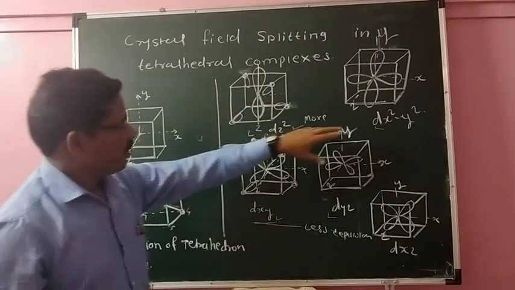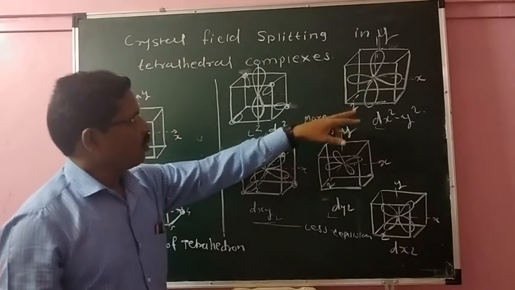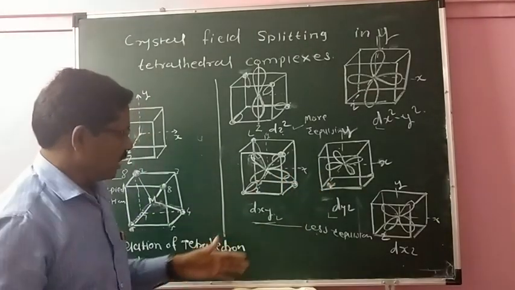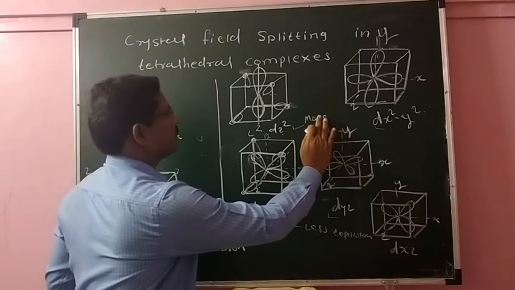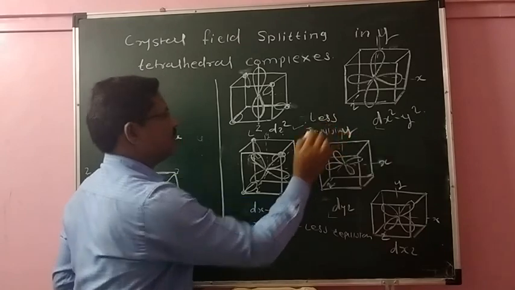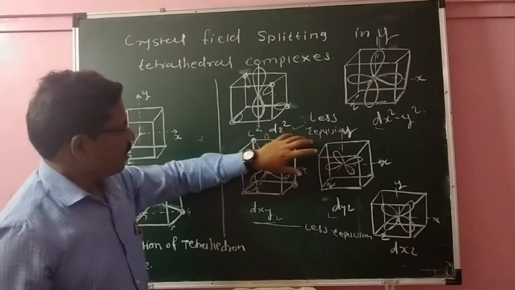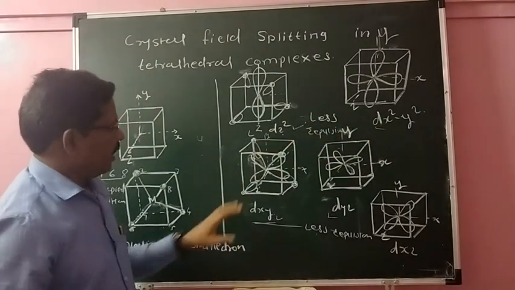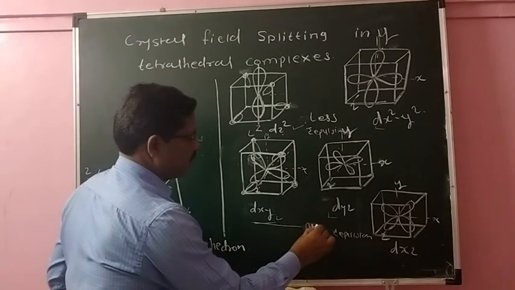The lobes of the metal d orbitals and ligand orbitals are away from each other, and therefore there is less repulsion in the dz square and dx square minus y square orbitals, and in the other case there is more repulsion.